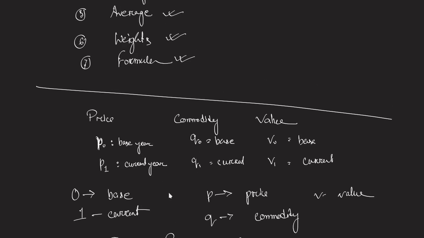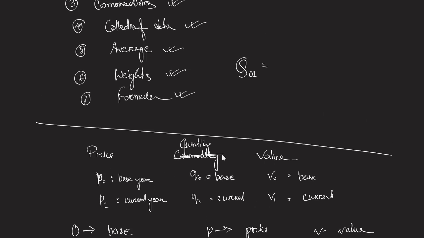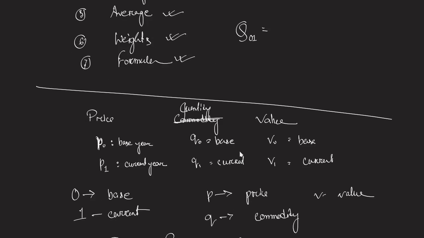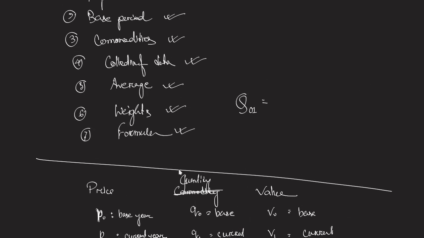So এতিয়া যদি মই quantity লিখিব লগা হয় Q01, ইয়াৰ অৰ্থটো হ'ব quantity index, not commodity, sorry. This is quantity index for current year compared to base year.